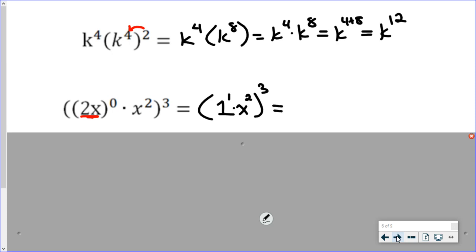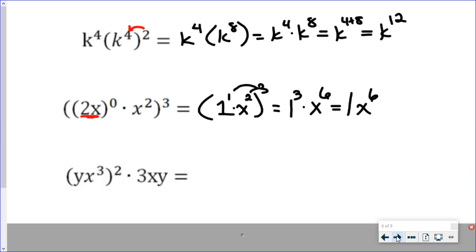Now that becomes x, 1 to the power of 3 times x to the power of 6. 1 times 1 times 1 is just 1, x to the 6th. Take your time when you're doing this.